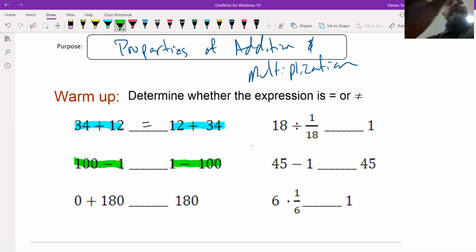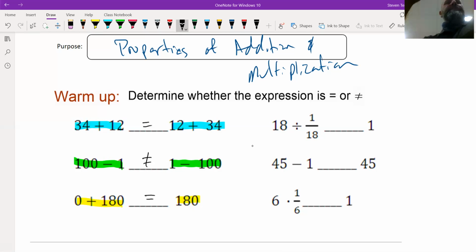Of course they wouldn't. Check your calculator, go ahead and plug it in. One's going to be 99, one's going to be negative 99. The one below this, 0 plus 180 and 180, is that going to be the same outcome? And it is. They're equal. That is true.